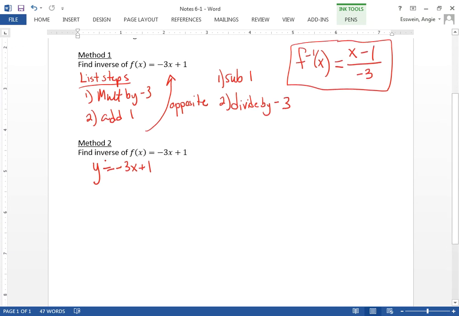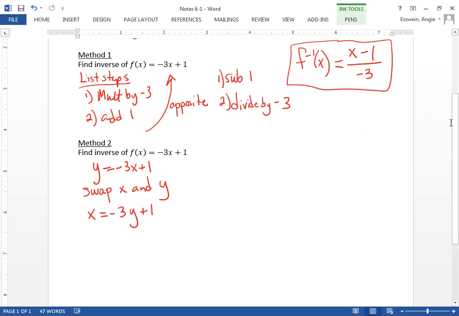And then, since you're undoing something, you just swap x and y. Swap or switch the order, swap x and y. So instead of y equals negative 3x plus 1, you're going to say x equals negative 3y plus 1.